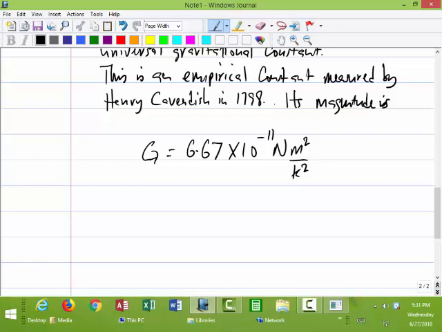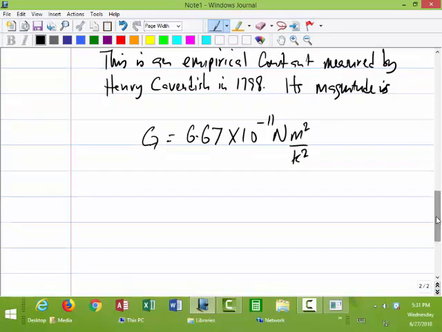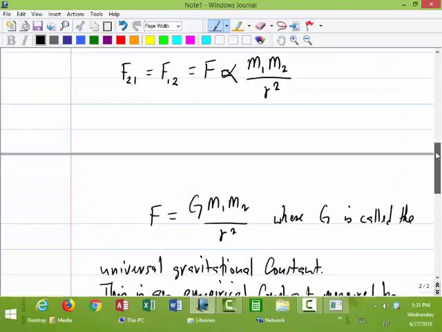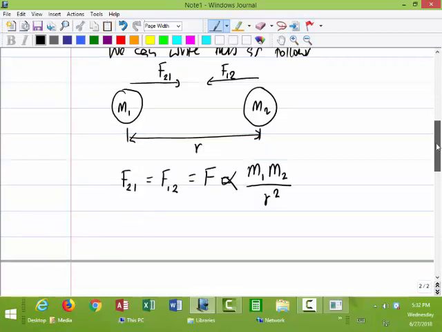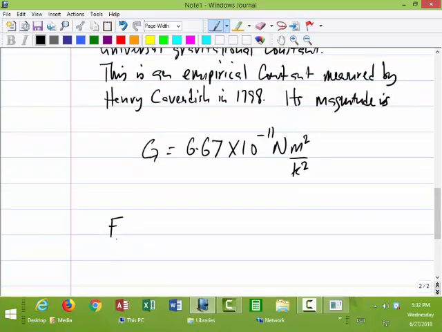So let's write this in unit vector notation as follows. We can write the gravitational force of mass 1 on mass 2, the force of 1 on 2, is this force here. It's equal to G m1 m2 over r squared times a unit normal vector r hat 1,2.